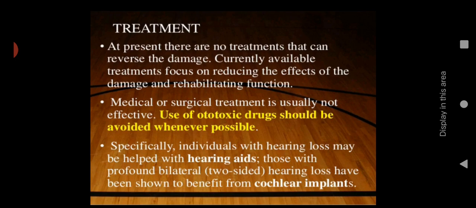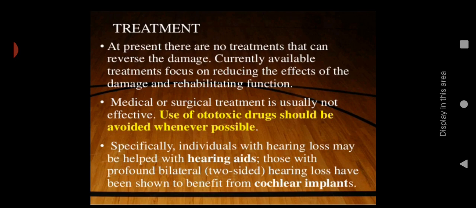There is no effective medical or surgical management for ototoxicity because there is some destruction happening inside the vestibular nerve. If something happens to the nerve, there is no surgical intervention for that. So the only thing we can do is avoid the use of ototoxic drugs whenever possible.